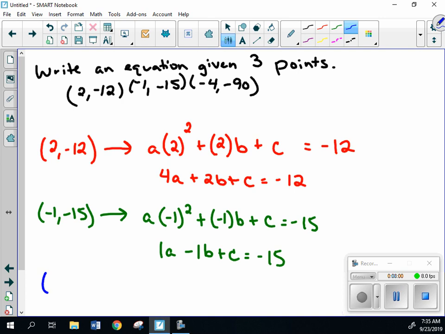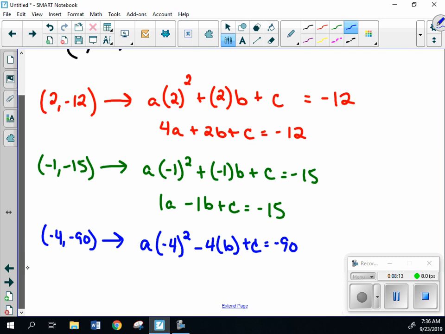And last but not least, my third point. I have a times negative 4 squared, minus 4 times b, plus c equals negative 90. So I have 16a minus 4b plus c equals negative 90.